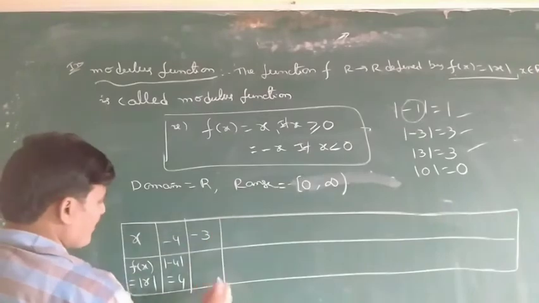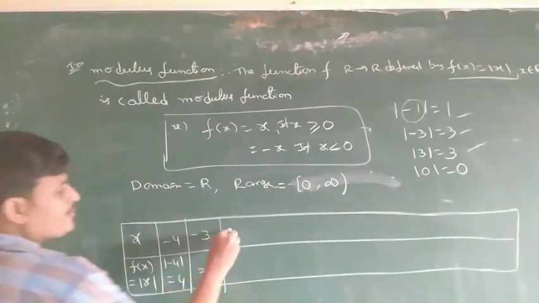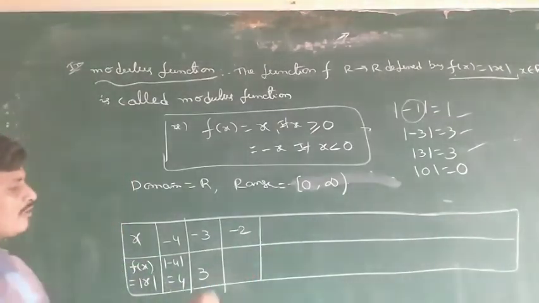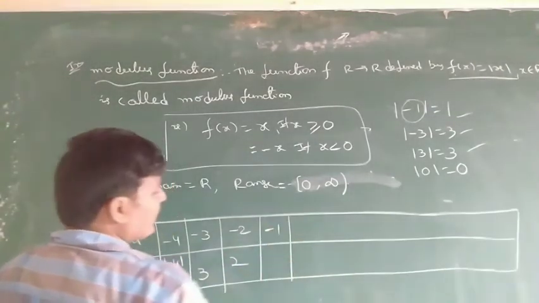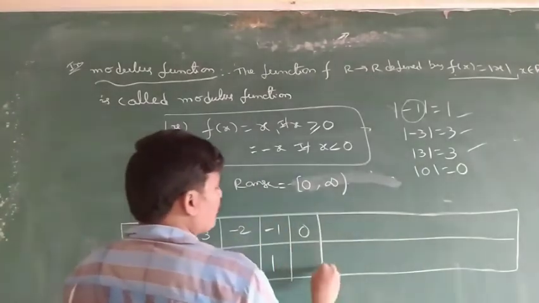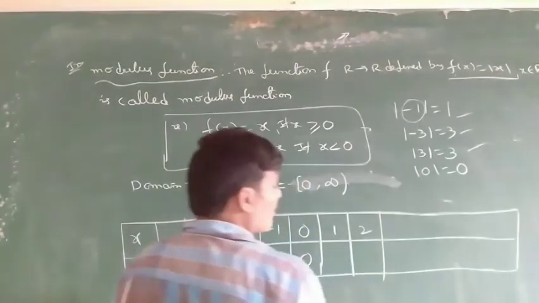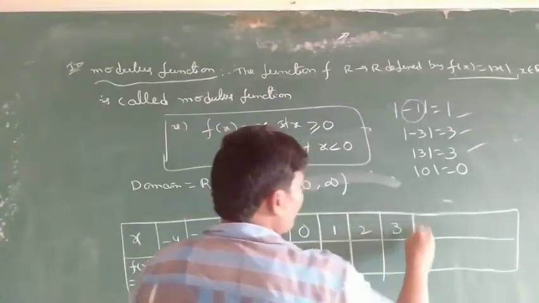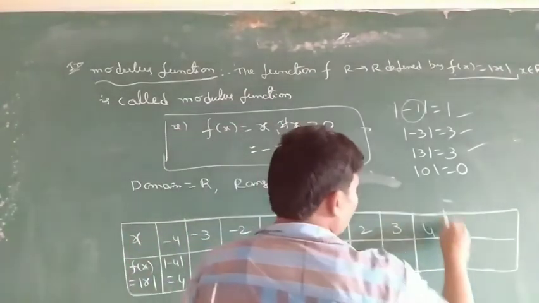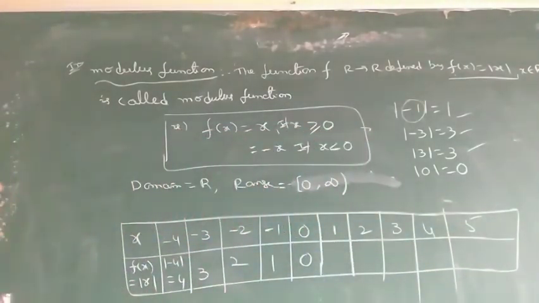Minus 3, mod of minus 3 is equal to 3. Minus 2, mod of minus 2 is equal to 2. Minus 1, mod of minus 1 is equal to 1. 0, 0. Mod of 1 is 1. Mod of 2 is 2. Mod of 3 is 3. Mod of 4 is 4. Mod of 5 is 5.